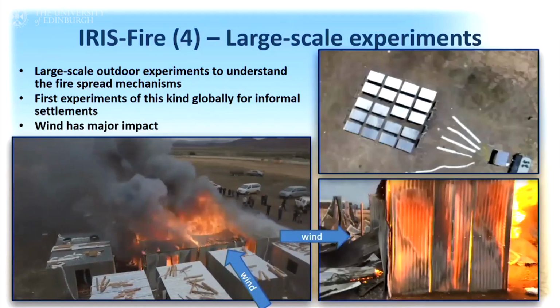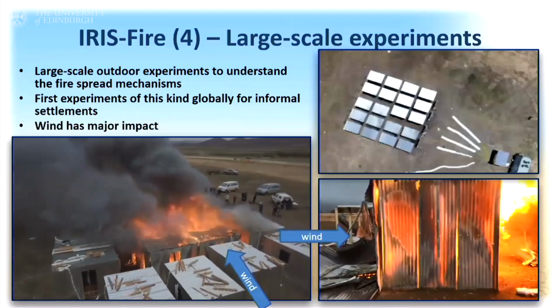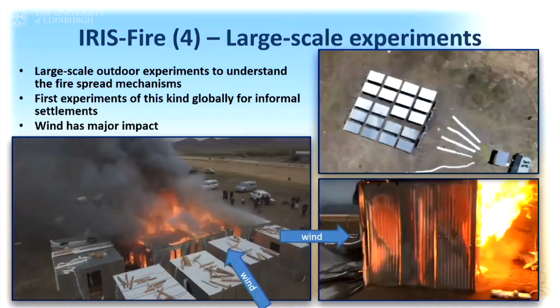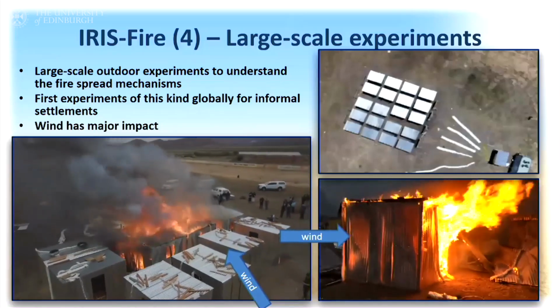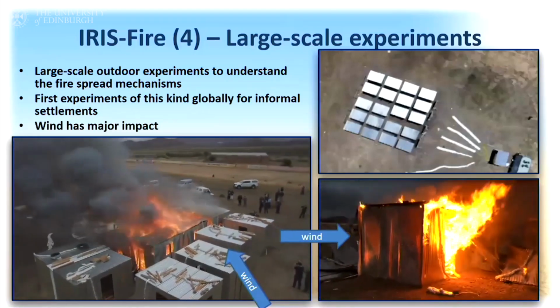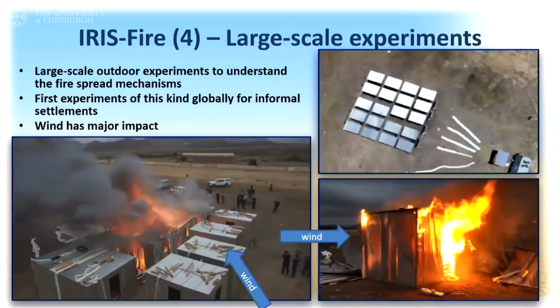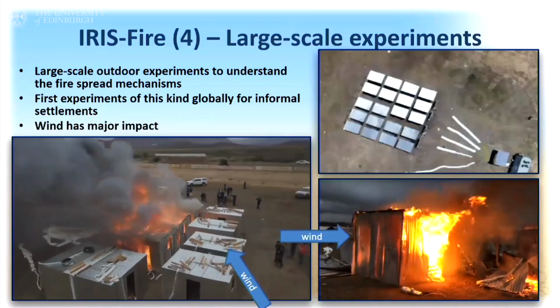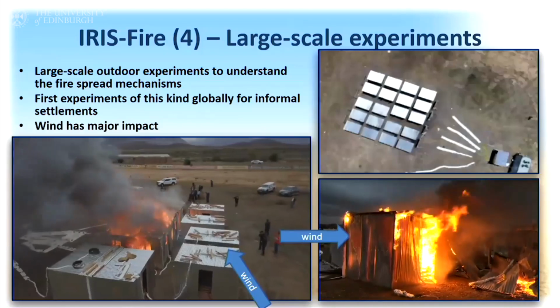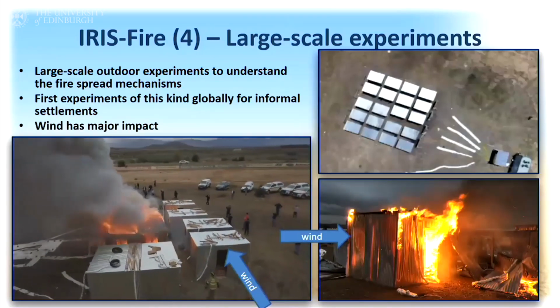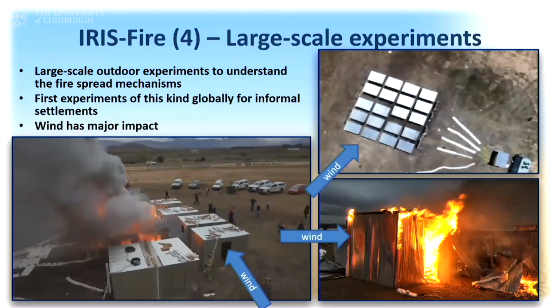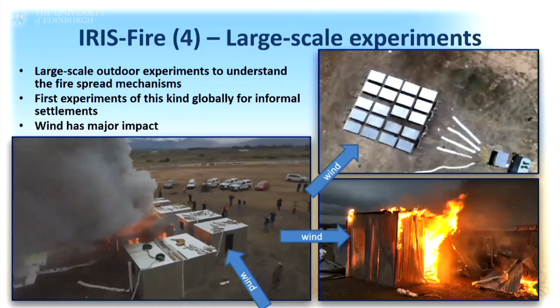So this dwelling here is this one here. It didn't catch, so we set it alight, and the wind had changed direction. And as you can see, the wind really extends those flames out of the homes to 3.5, 4 meters in length. So if you're thinking about the direct flame contact fire spread mechanism, if your home is within 3 or 4 meters, you're in trouble.